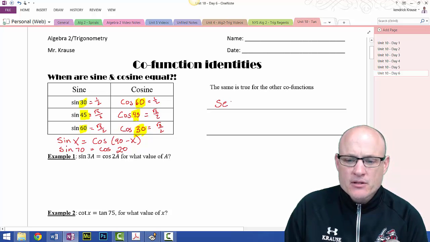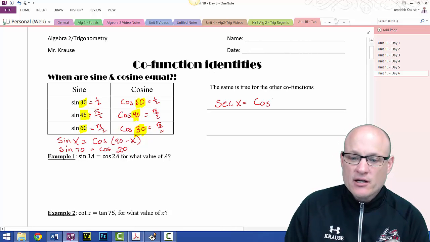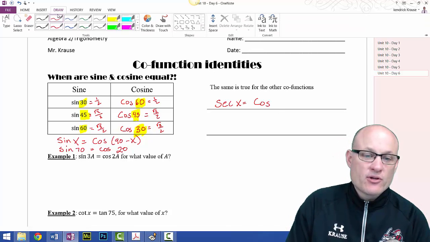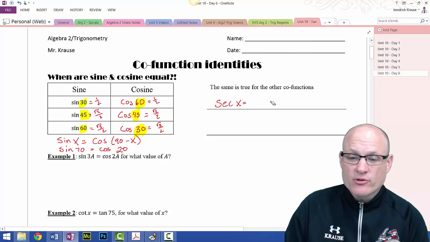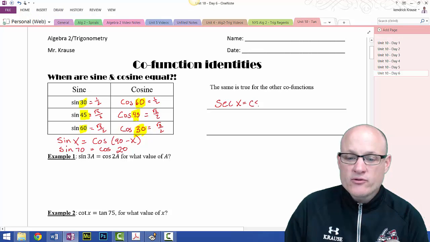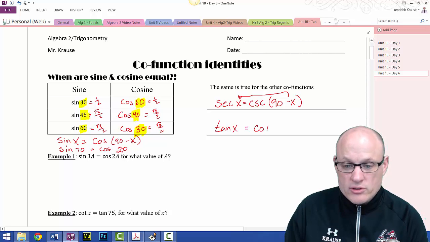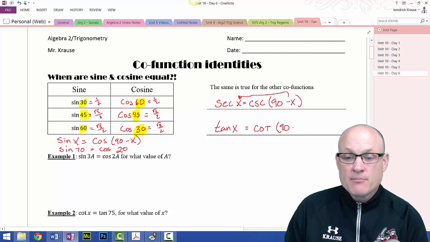Secant of x is equal to the cosecant of 90 minus x. I shouldn't have written it like that, sorry. I was going to write out cosecant, we'll just do the abbreviation. These two things just have to add up to 90 degrees. Same thing with tangent. The tangent of x is equal to the cotangent of 90 minus x.